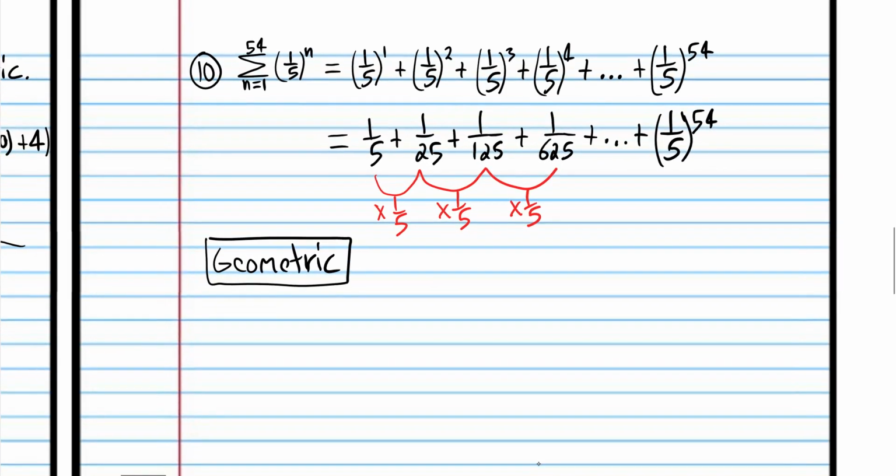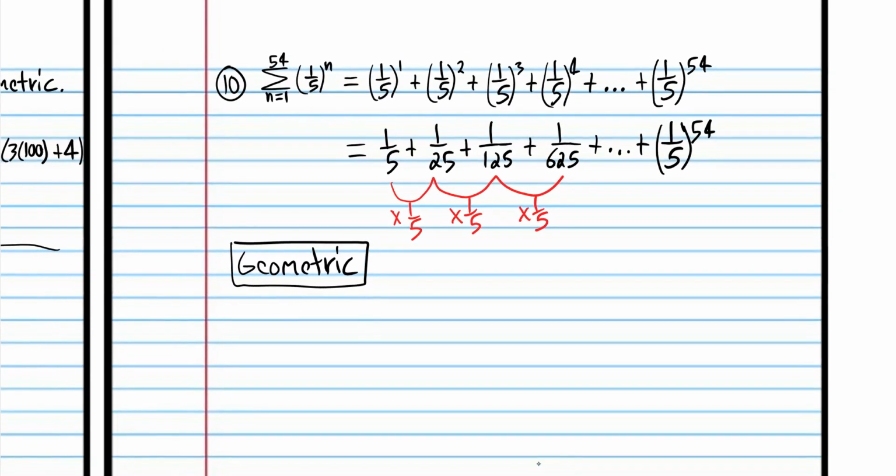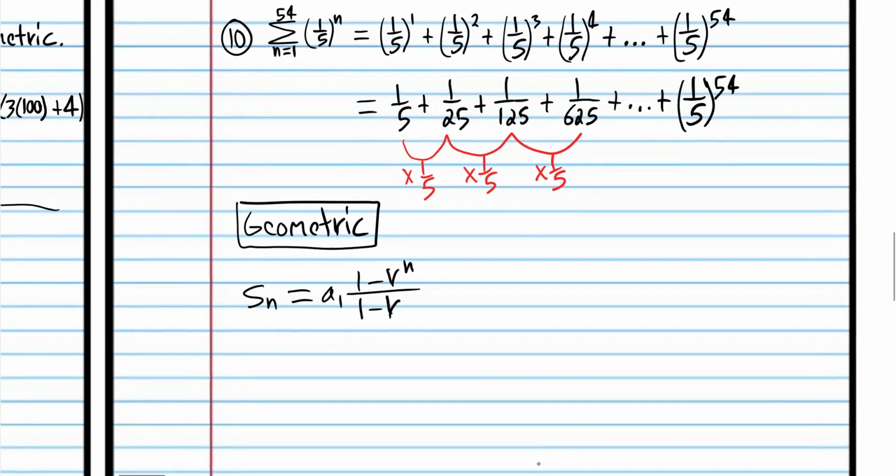It's a geometric sequence, and we don't want to add up 54 terms individually, so we're going to use our sum formula for the first n terms of a geometric sequence. So that's a1 times 1 minus r to the n over 1 minus r. And we're adding up the first 54 terms.